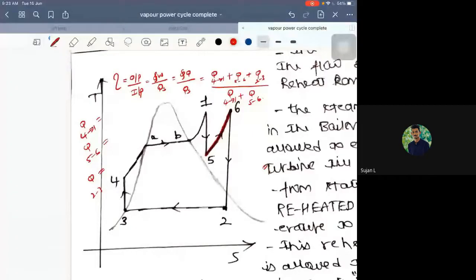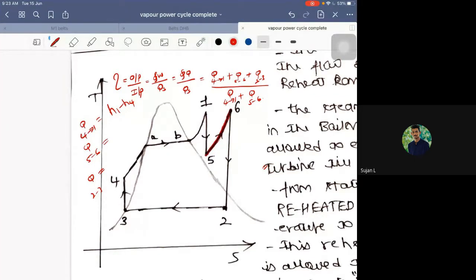It is H1 minus H4. For heat, it is final minus initial. So final state is 1 and initial was 4. It is H1 minus H4.